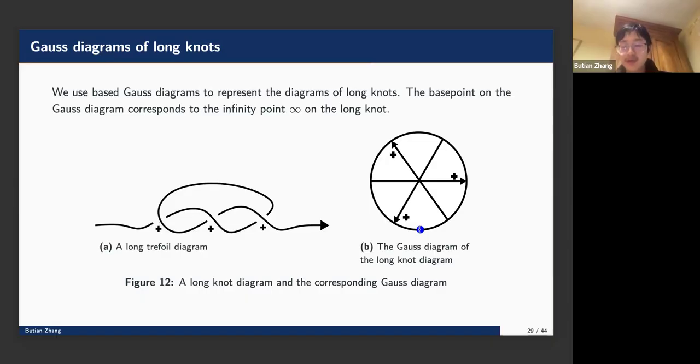The corresponding move in the Gauss diagram is that if we go from the blue base point counterclockwise, we meet the first arrow at the foot. That represents the first crossing at the undercrossing. This is how the Gauss diagram corresponds to the knot diagram.